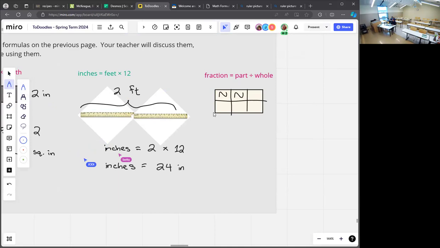Then the part that Nikki has is 2 parts. The whole brownie pan has 6 pieces. And I will write 2 divided by 6 as 2/6, part divided by whole.